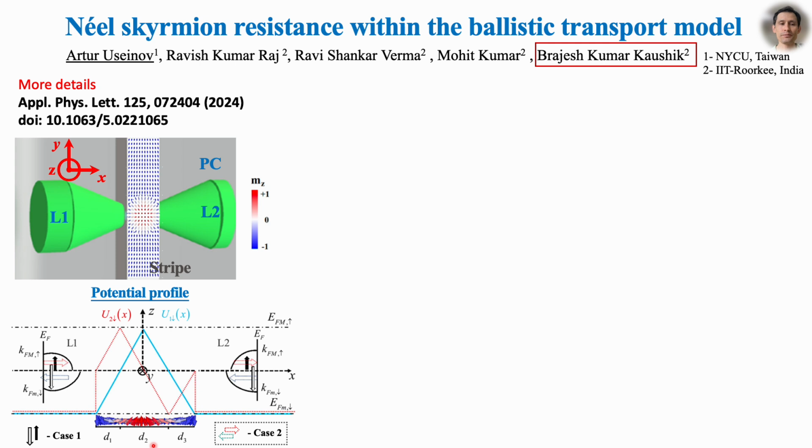And for case 2, the potential energy profile for the electrons for the spin down will be like this. A few linear based sections. Actually, these potential profiles are simplified by a linear approach.